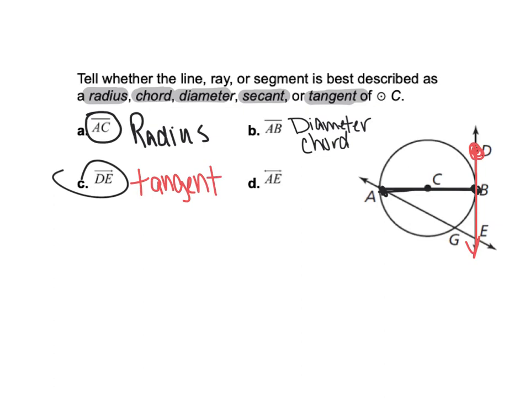And then line AE, let's find line AE. Here's A and here's E. If we're talking about this line, notice the line goes all the way through the circle and it has no endpoint. I mean, it intersects the circle at two places, which means it's going to be a secant.